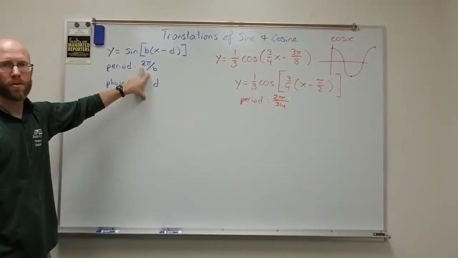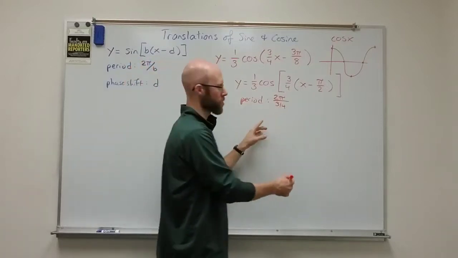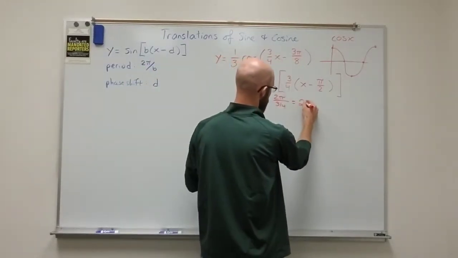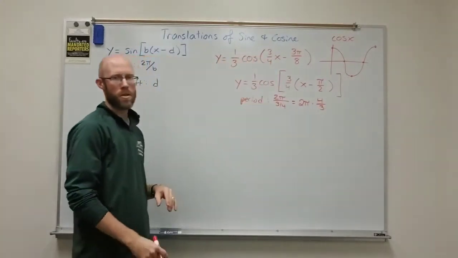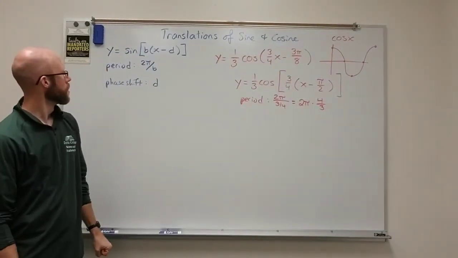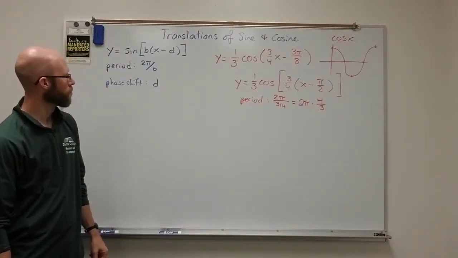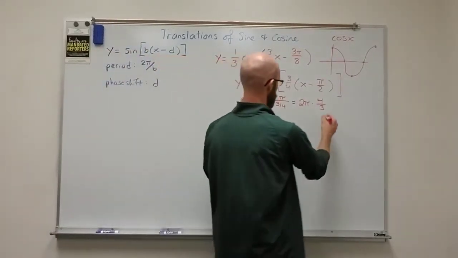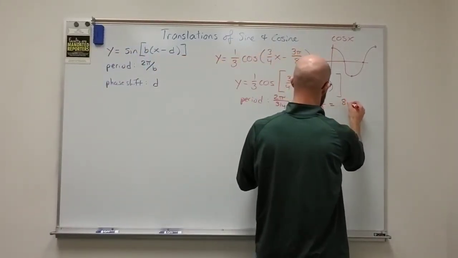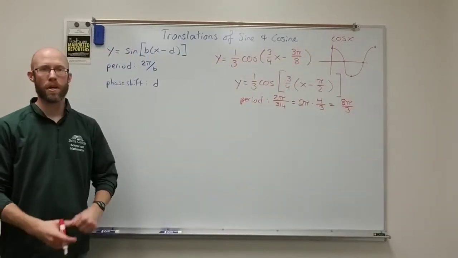If you divide by a fraction, it's multiplying by the reciprocal. So you could go with 2 pi times 4/3, right? Multiply by the reciprocal. And what's that? 8 pi over 3? Yeah, 8 pi over 3.